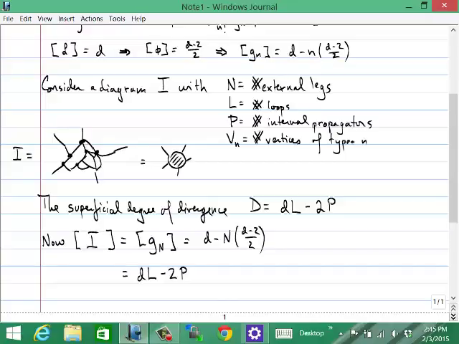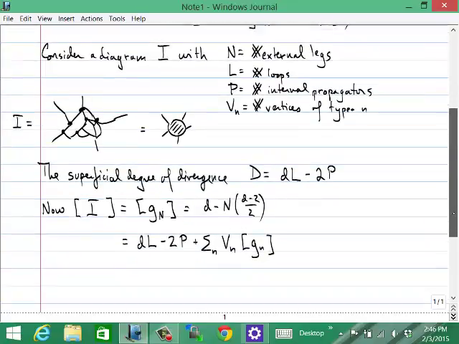And for each vertex, you also have to take into account the fact that you have a coupling constant at that vertex that has a particular dimension. In particular, if Vn is the number of vertices of type n, then you have to include the dimension of the coupling constant that you insert at that vertex.